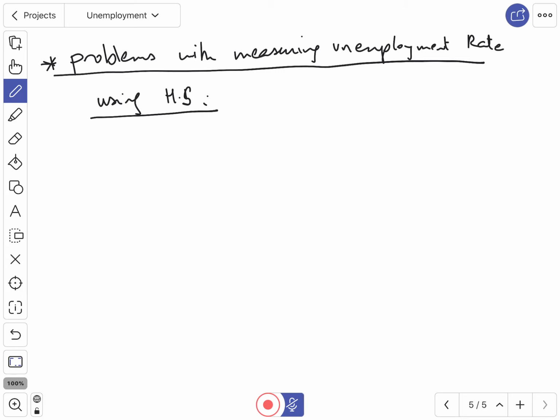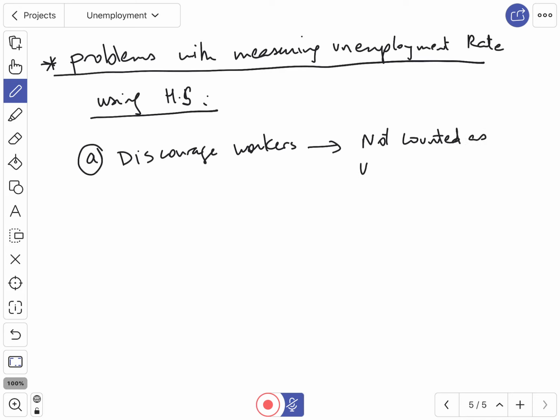Okay, so in terms of underestimation, one of the important factors is the discouraged workers. As I said, discouraged workers are people who are not looking for a job over the last 4 weeks. They are fed up from trying to find a job. They couldn't find it, so they think there are no jobs around. So those people are not counted as unemployed.